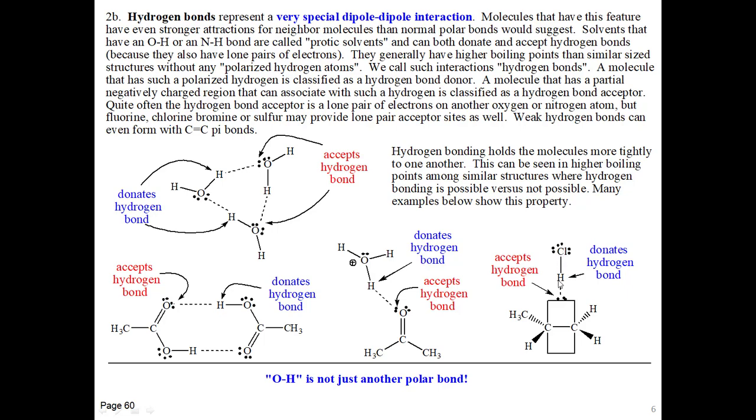Okay, so in this case I have it as HCl. So as I say up here, it could be NH, and here I show us HCl, although this is a unique molecule. There's no other way you could have an H on a Cl except for this. So there's other possibilities, but in our course it's mainly going to be OH that we look at. Okay, so it's not just, like I say here, it's not just another polar bond.